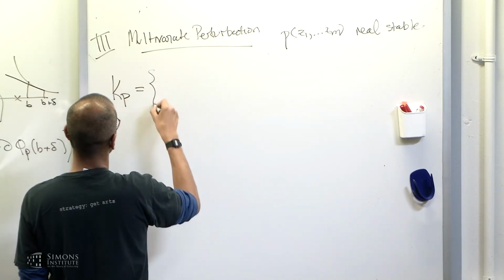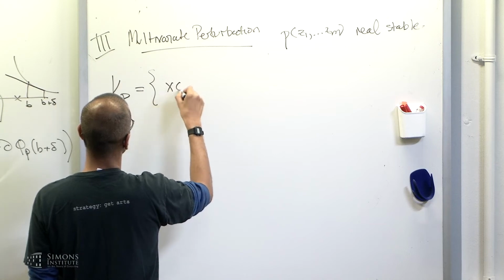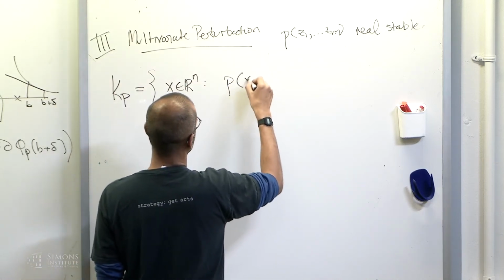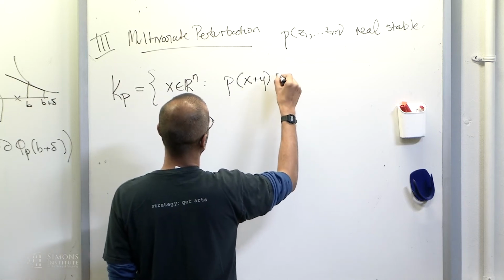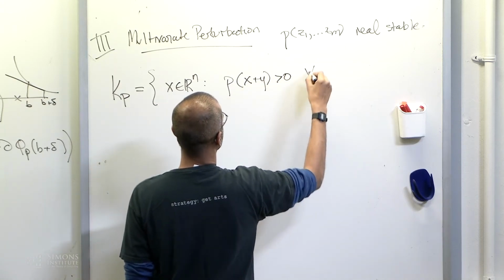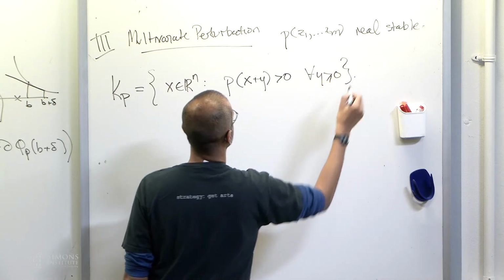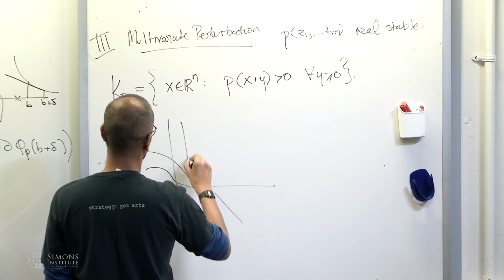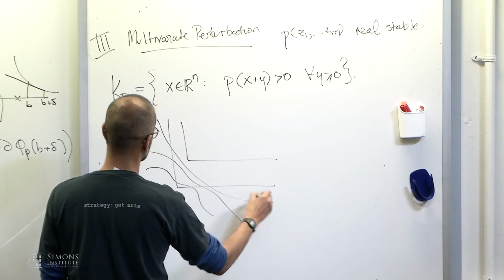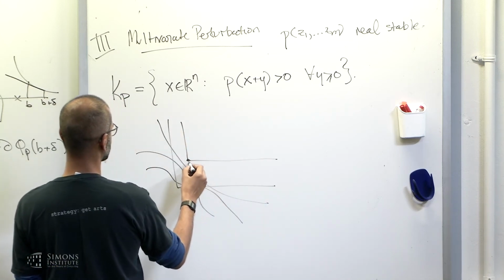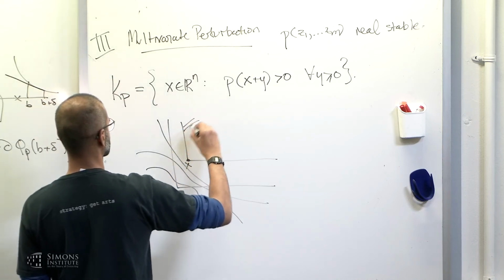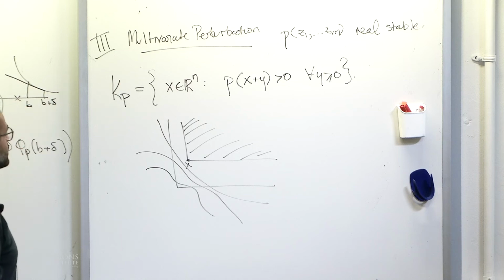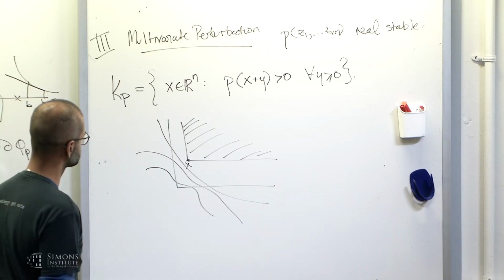It's going to be the set of points such that when you look at the polynomial and you look at an orthant with a corner at that point, then the polynomial is non-zero. So the picture is something like, I have a polynomial like this, it has some zeros, and K_p is the set of all points x, so that when you look at this orthant, the polynomial is non-zero. That's my notion of an upper bound on the roots.